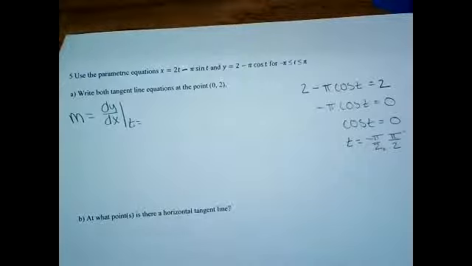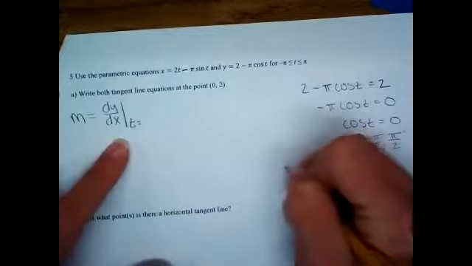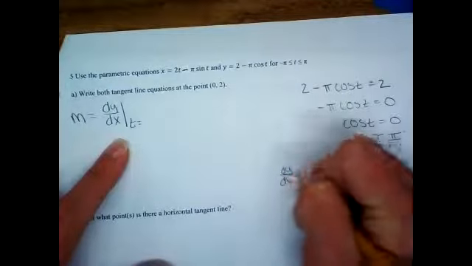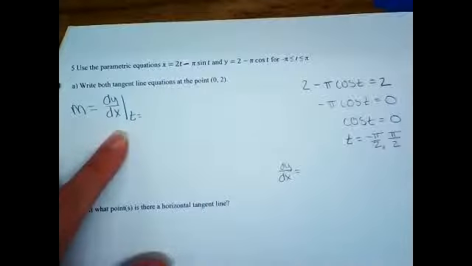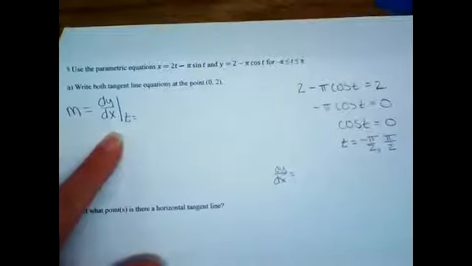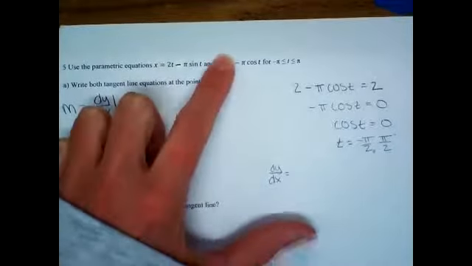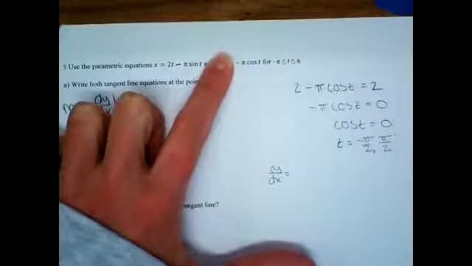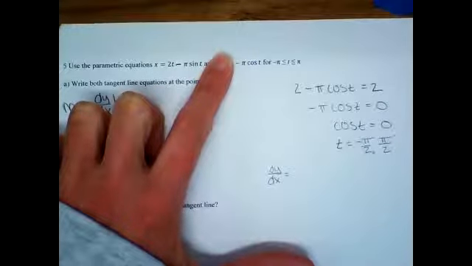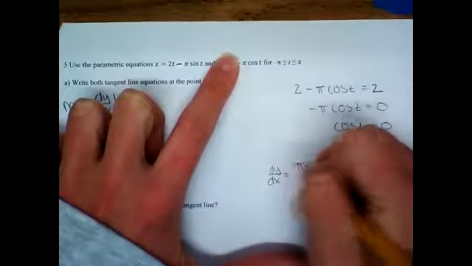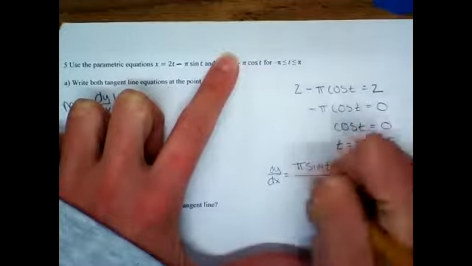All right, so we're going to plug those into the derivative. Oh, so I guess we need to stop what we're doing and go find the derivative. It's going to be dy dt over dx dt. All right, so let's do derivative of y. 2 is a constant, so that's gone. You can kind of ignore that. Derivative of cosine is a negative sine, good. So the negatives are going to cancel. It'll just be pi sine of t.